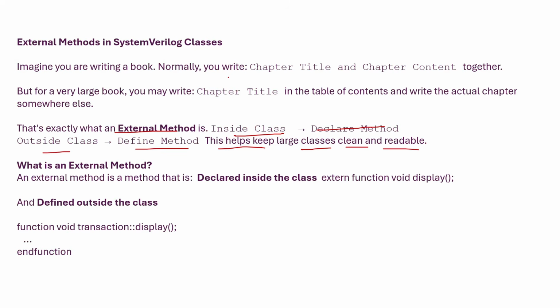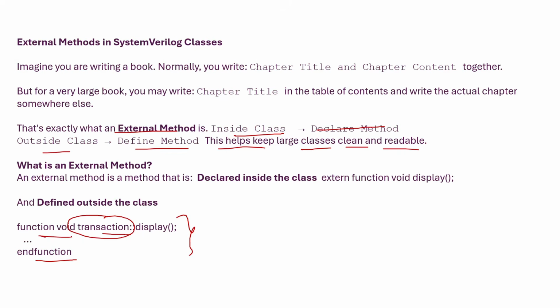Okay, clear? The extern keyword is used to declare the methods inside the class, and then the definitions, the implementation, will be outside the class. That is the usage of the extern keyword. So this is function void display, end function. This method implementation will be outside the class. Transaction is the class name, right?